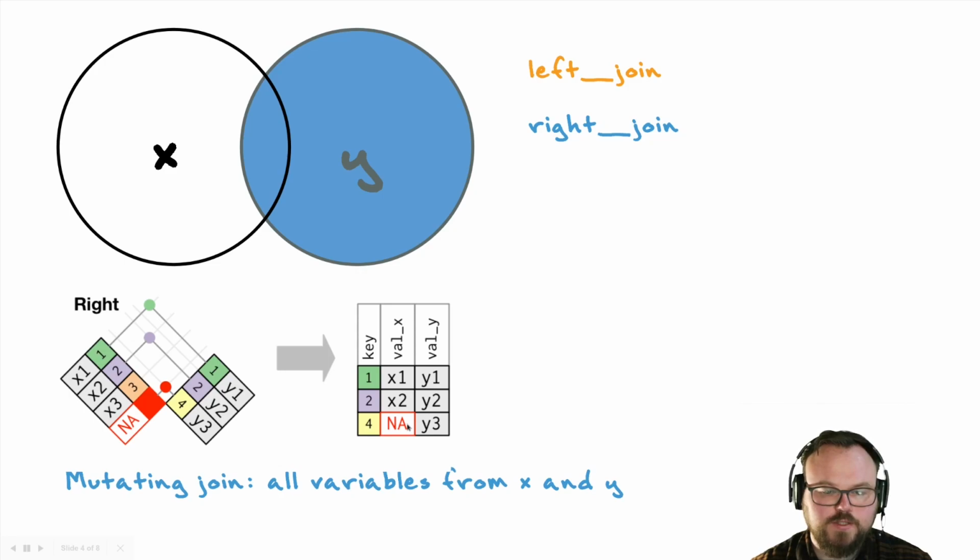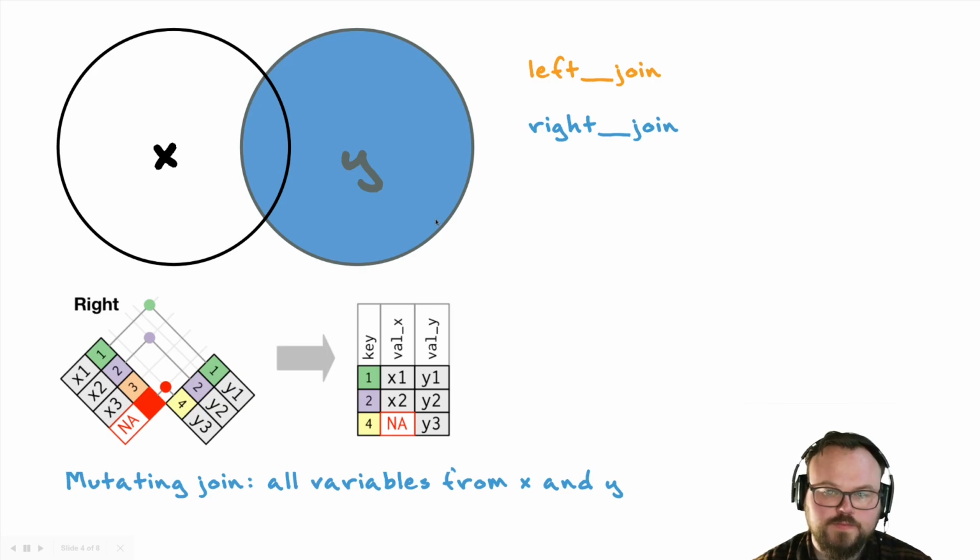So in the new table that we get, we have a row where val x, the variable that comes from our X data frame, is NA. The observation with the key 3, however, is completely missing from the new table. It is simply removed, as was the observation with the key 4 in the new table that was created using left join.